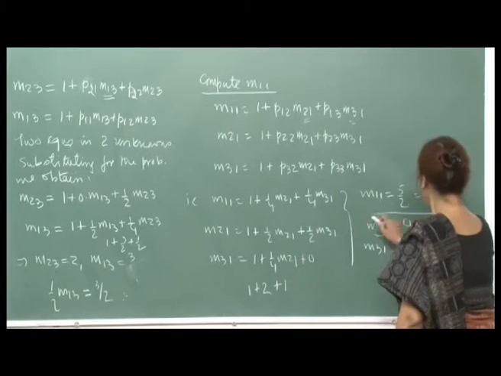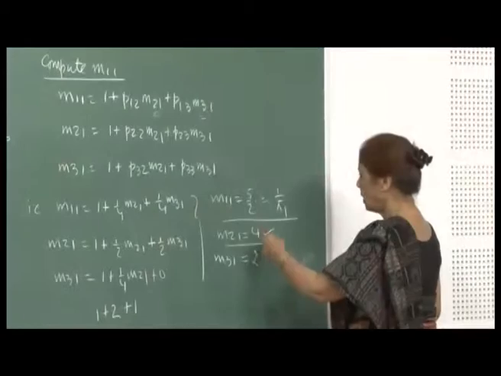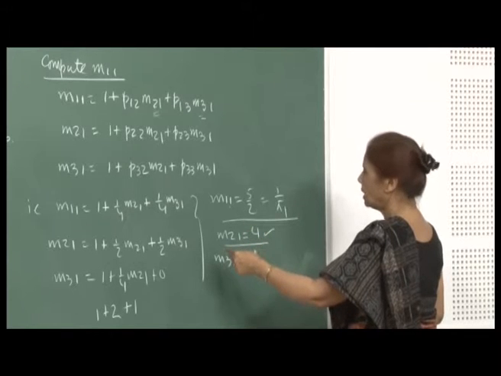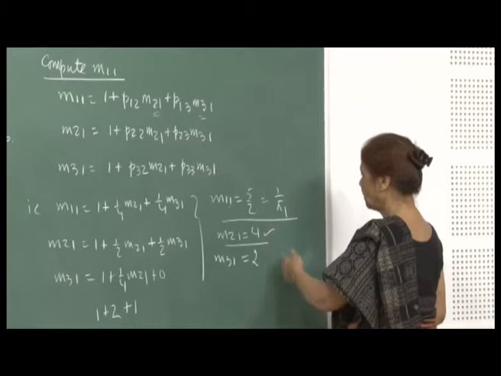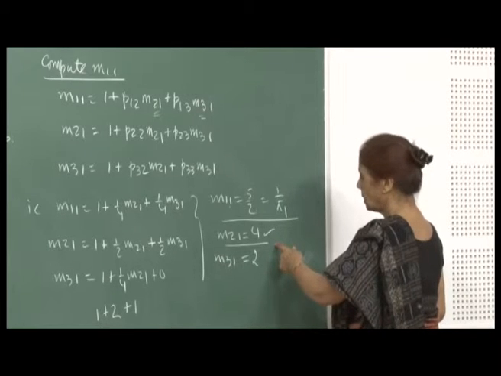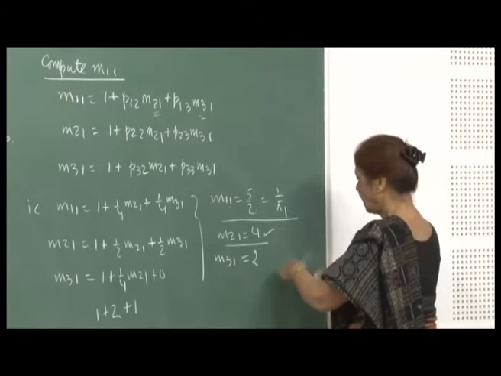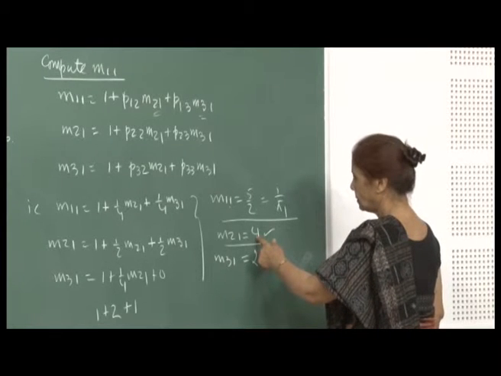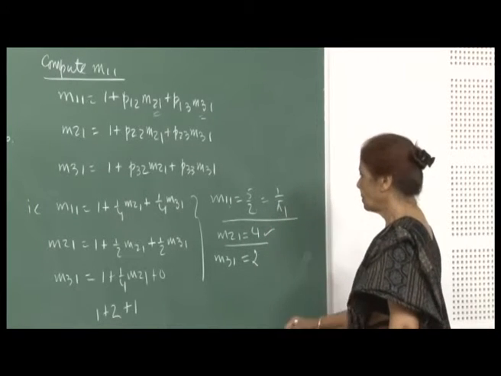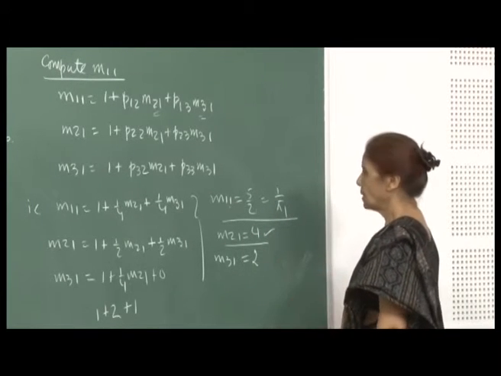Yeah, this is coming out to be high, because remember there is no direct arc from 2 to 1. So, you can of course go from 2 to 3, then 3 to 1 for the first time, but so that is 2, but then other paths when you go around it will be longer, so the mean first passage time is coming out to be 4, and M31 is 2.